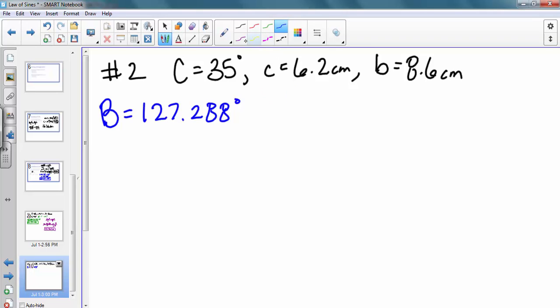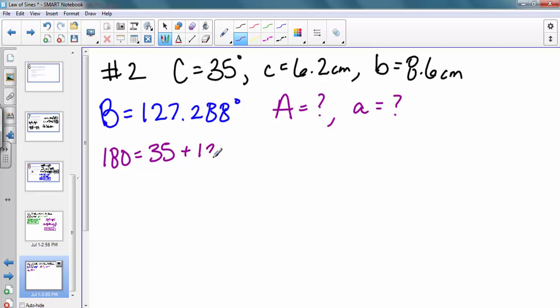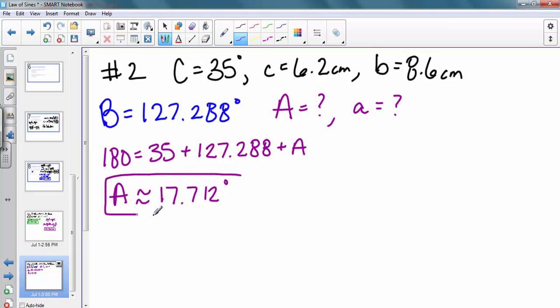So again, we still have to find angle A and the length of side A. So to find my last angle again, 180 has to equal 35 degrees plus 127.288 degrees plus angle A. Solving for angle A, I get angle A is approximately 17.712 degrees.